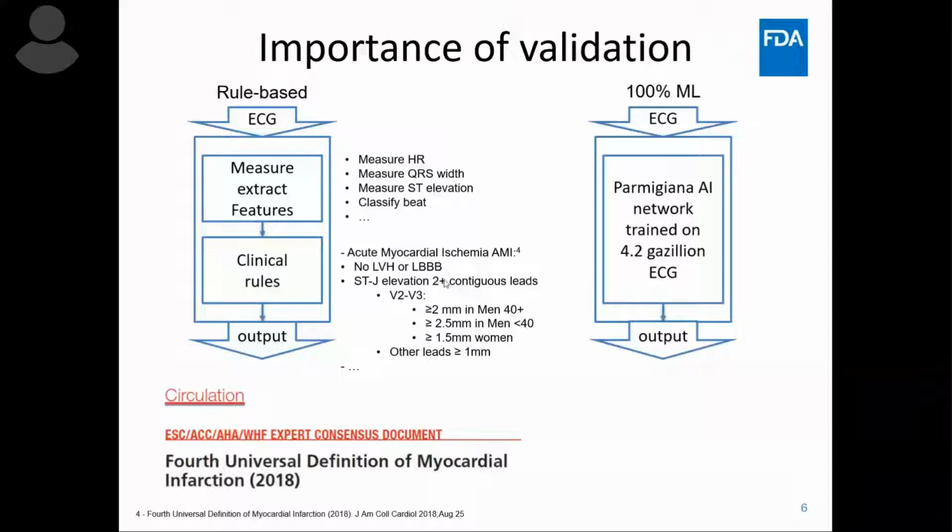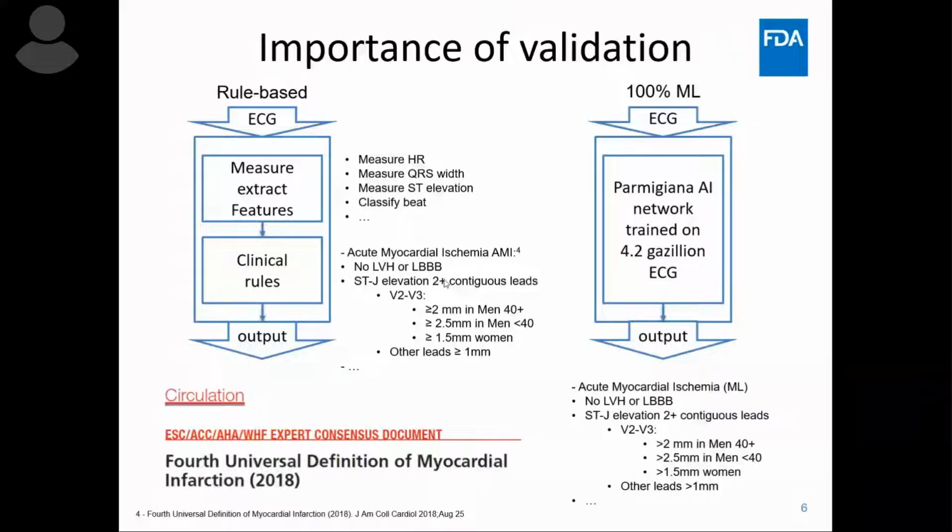What about the rule? In this case of the fourth universal definition, there is a bunch of rules about what to look at, the elevation in men more than 40 years old, less than 40 years old, and so forth. What do we know about the rules that are implemented in your device? We don't know if they are differentiated by age or by sex. We don't even know if they're using the same numbers, the same rules.